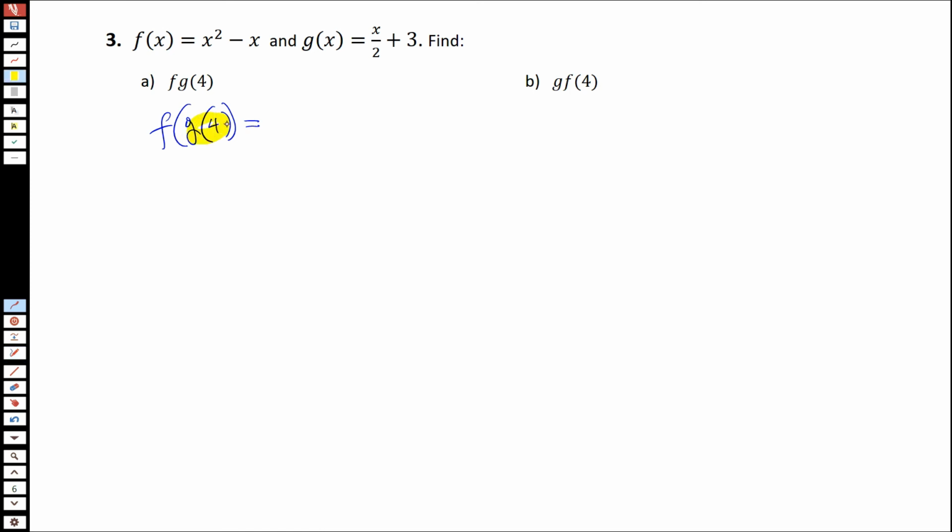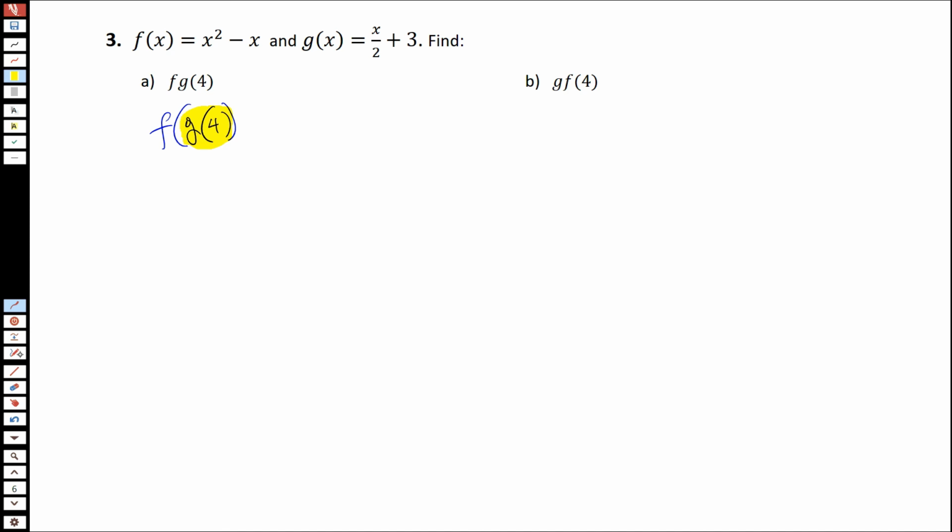So when I highlight this inside portion, what's being plugged into f, we can see that the inside portion here is the value of g, which is this function, at x equals 4. That is what you're plugging into f.